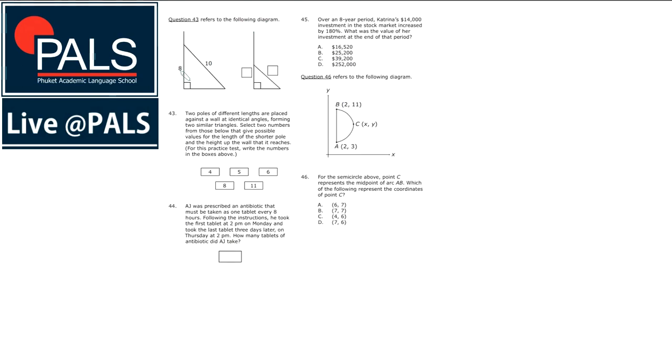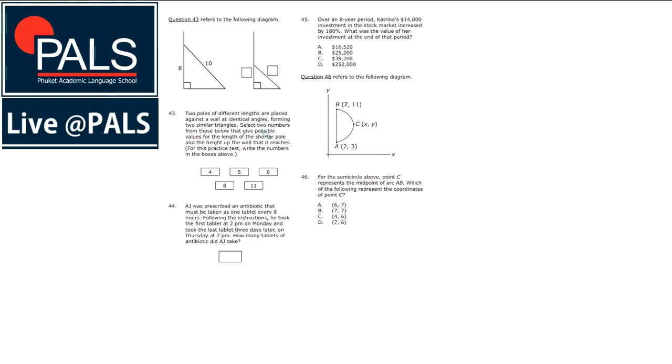43 refers to the following diagram. 2 poles of different length are placed against a wall at identical angles, forming 2 similar triangles.